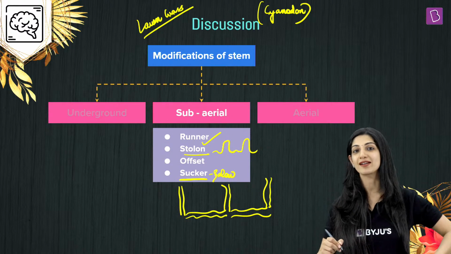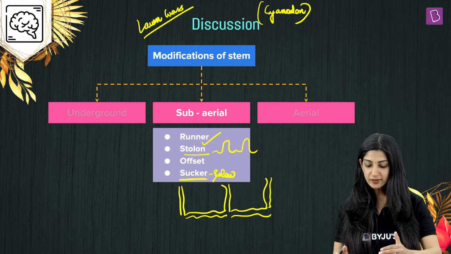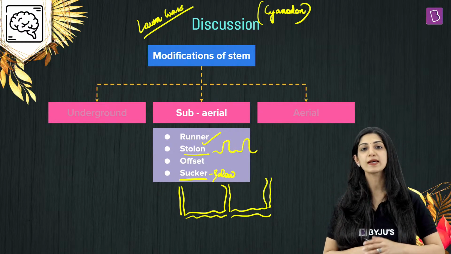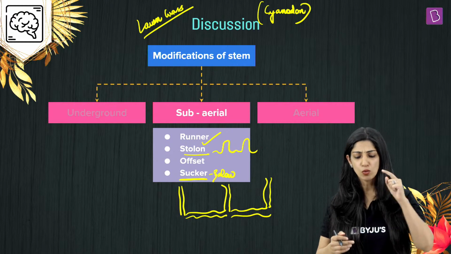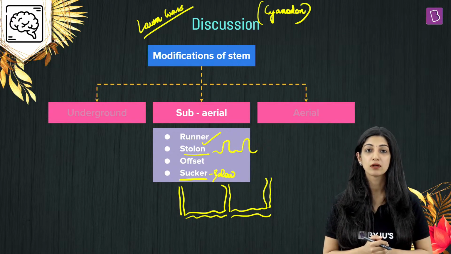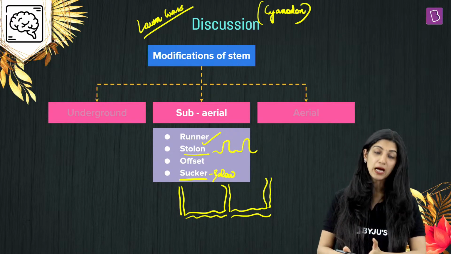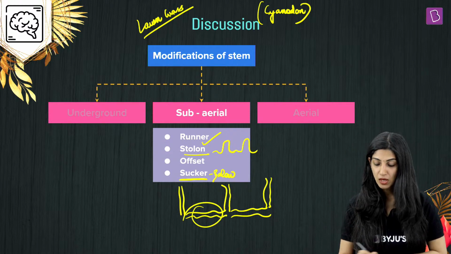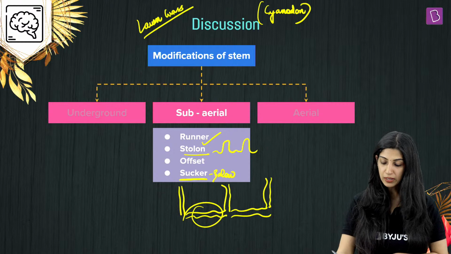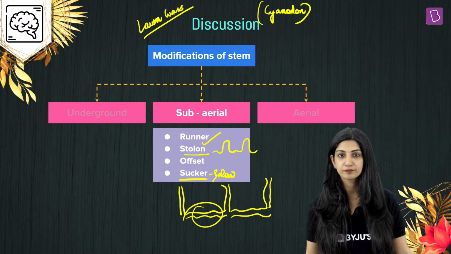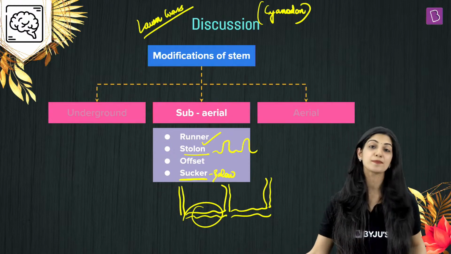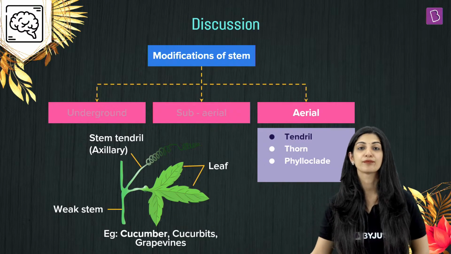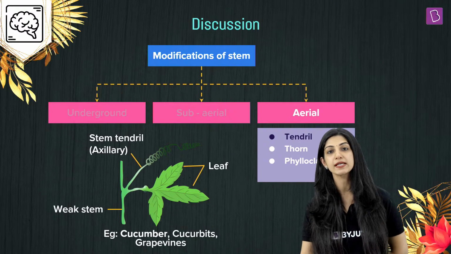And that is how lawn grass spreads. When this happens below the ground, it is sucker. You will say, ma'am, if sucker is below the ground, why are you putting it in subaerial? Well, this part is below the ground, I agree. But the new branch, the new plant, is coming out of the ground. Offset is absolutely a feature of aquatic plants. Who will give me an example of offset?